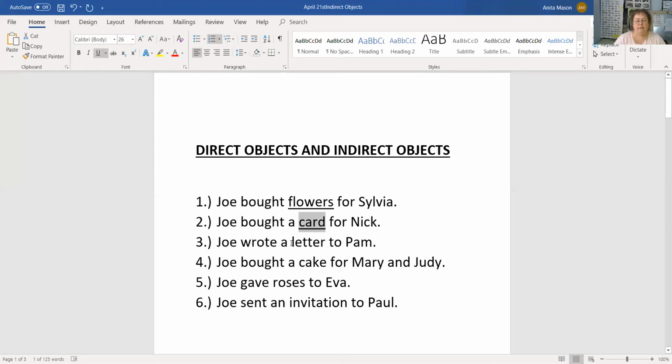He wrote a letter. So letter is your direct object. Number 4, Joe bought what? He bought a cake. So cake is your direct object. Number 5, Joe gave what? He gave roses. So roses is your direct object. Number 6, Joe sent what? He sent an invitation. So invitation is your direct object.